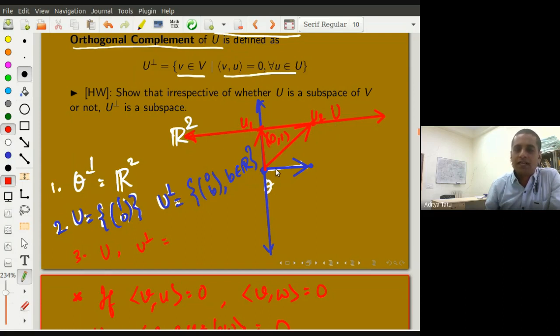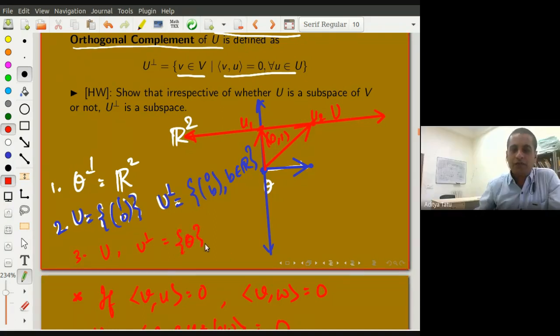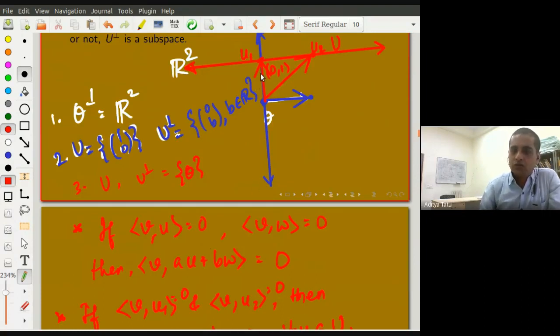So, can there be any non-zero vector which is orthogonal to this set U? There cannot be, right? Because this is R2, U contains two linearly independent vectors. So this is a basis of R2.